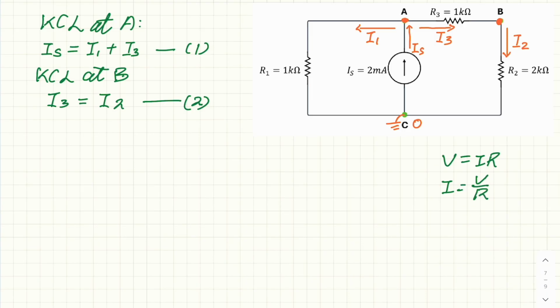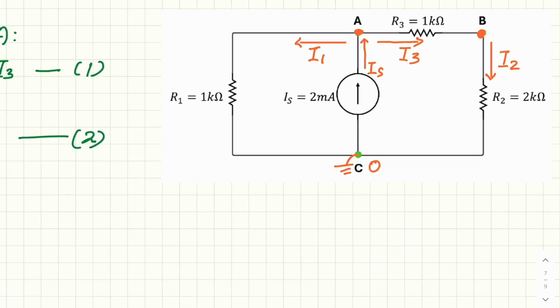So we want to find the potential difference across the resistor over the resistance. For I1, the I1 will flow through R1. So this must be high, this must be low. And this point here is the same voltage as VA. And after the current passes through R1, its voltage is 0.